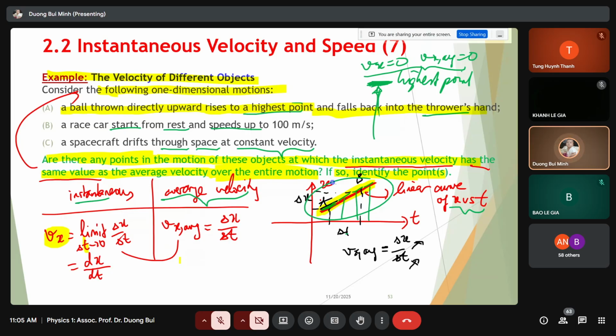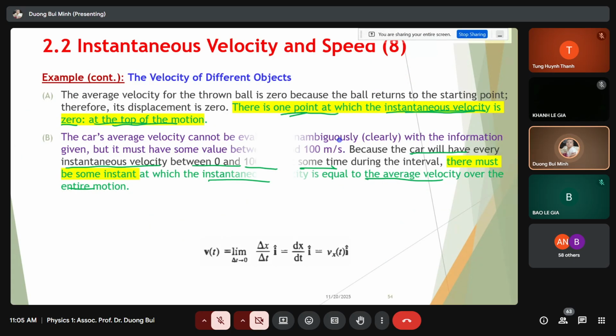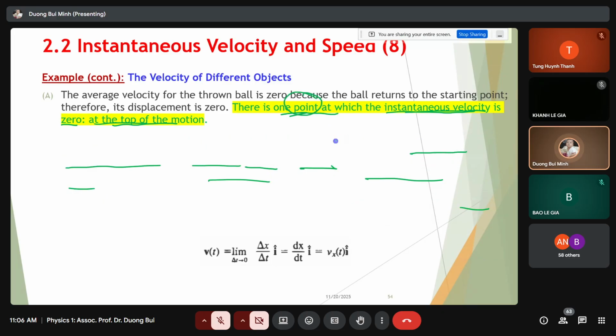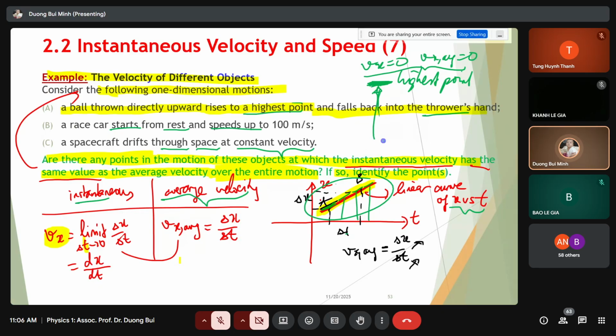So that means at any time, any point, the instantaneous velocity will be equal to the average velocity.